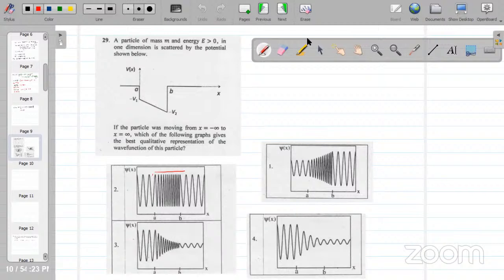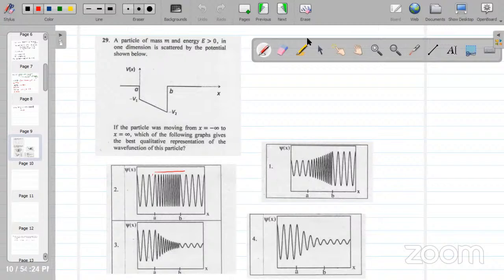A particle of mass m and energy E greater than 0 in one dimension is scattered by the potential shown below. So I have a particle having energy greater than 0, which is a scattering problem, right? It is not what we have in our regular quantum course, a rectangular finite potential barrier.